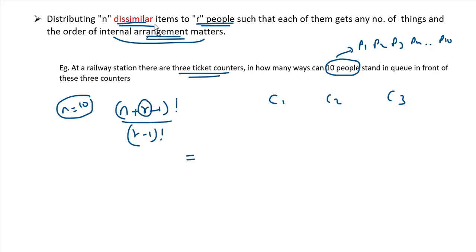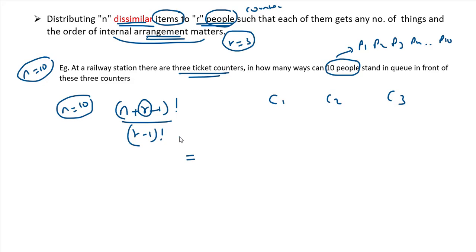So we are distributing n dissimilar items to r people. Here your items refer to your people, which are 10, so n is equal to 10. And we are distributing it to r people, so your people here are your counters. We are basically distributing 10 people to 3 counters, so the value of r will be equal to 3.